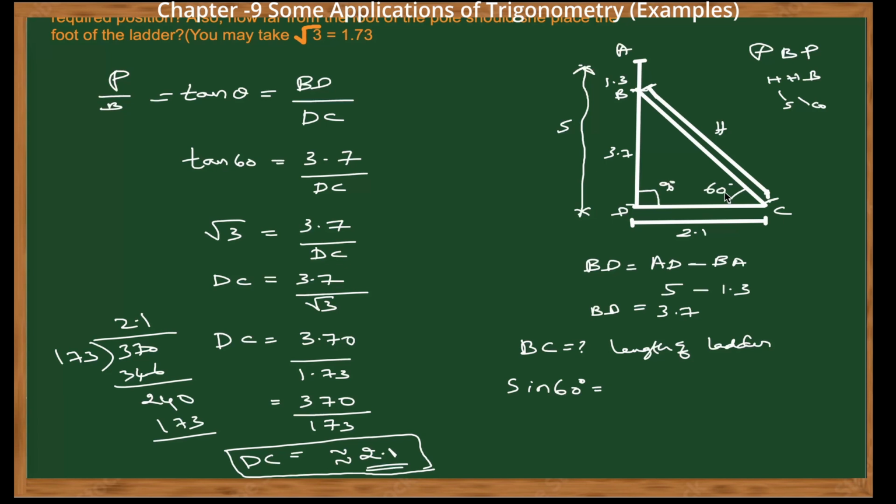What is perpendicular to this 60 degree? It is 3.7, the side opposite to that angle, BD. So 3.7 we can put directly. Then we need to find the hypotenuse value, which is nothing but the length of the ladder. So let's write it as BC.